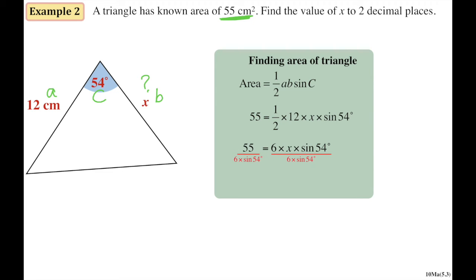To get the x by itself, I'm going to divide by the bits I don't want, because the opposite of timesing x by sine 54 and timesing x by 6 is dividing. So let's divide by 6 and divide by sine 54. And if I do that, I end up with 55 on 6 times sine 54, which leaves me with x is equal to 11.33.